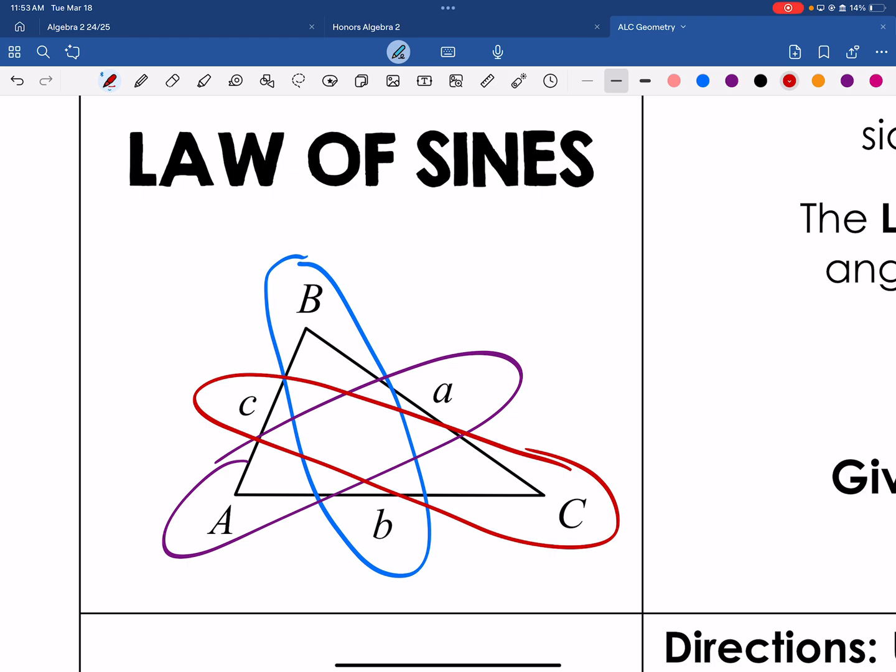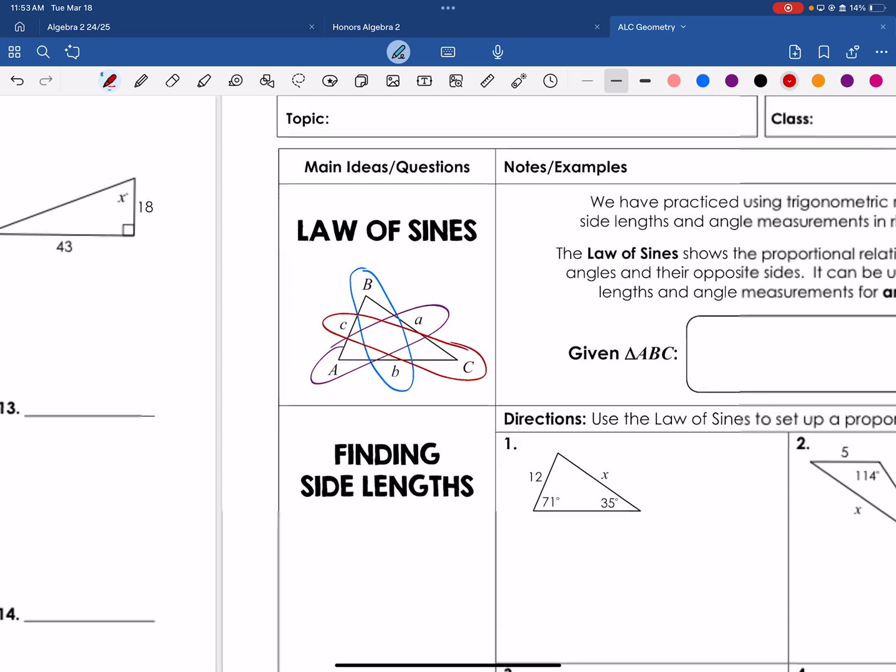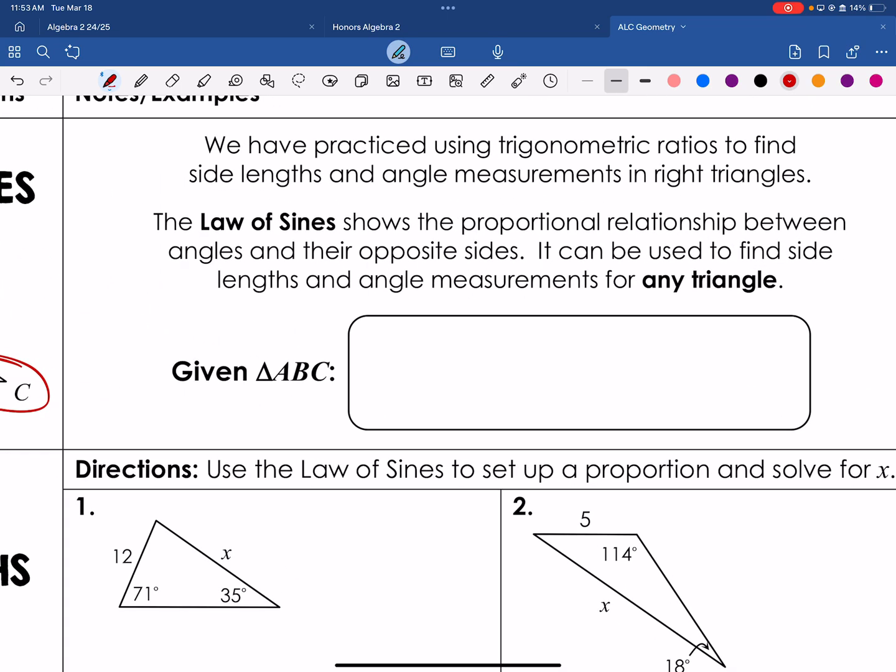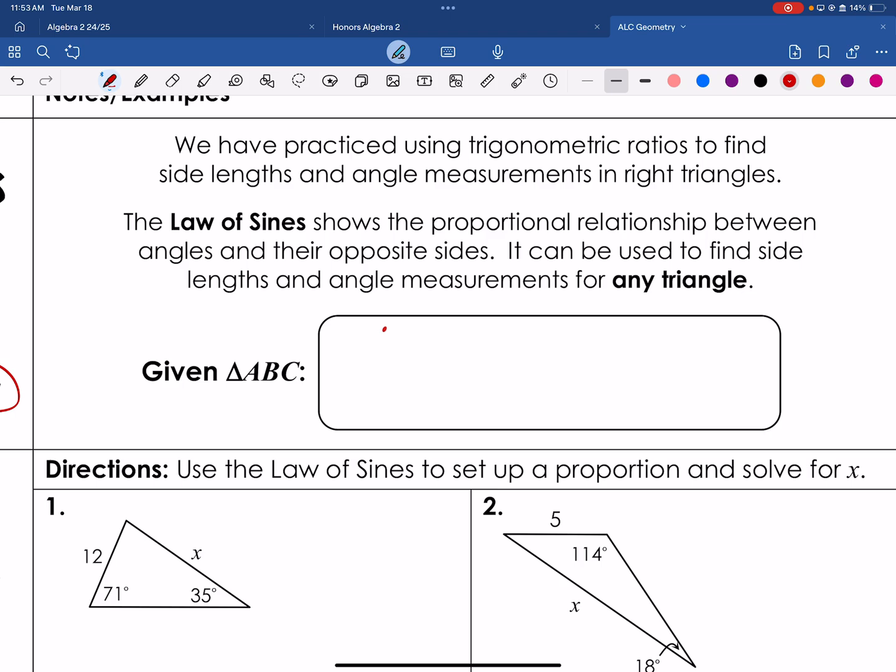So what the law of sines says is, if you have that, then if we're given triangle ABC, the sine of capital A over side a, that ratio, whatever's created there, is going to equal the sine of angle B over the length of its opposite side, and the sine of angle C over the length of its opposite side.